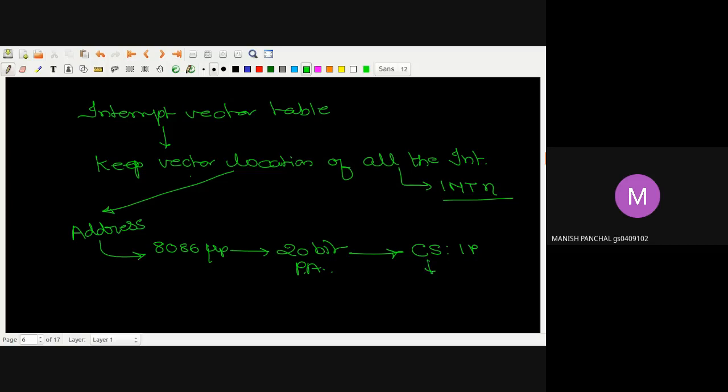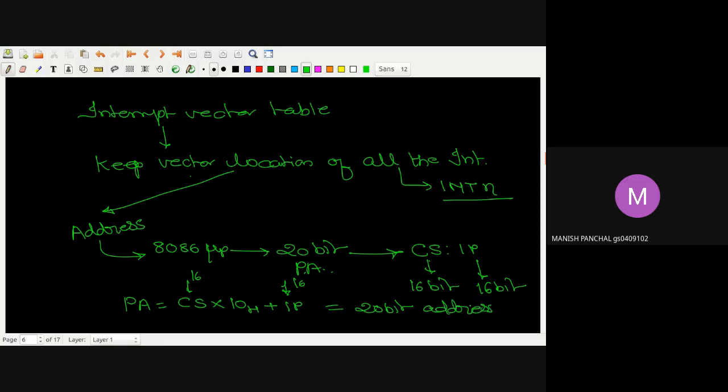The code segment has a size of 16 bits. The instruction pointer has a size of 16 bits. So ultimately this physical address can be formulated with the help of the code segment multiplied by 10H plus IP. These are 16-bit values, and you will finally get your 20-bit address. We have seen this one.